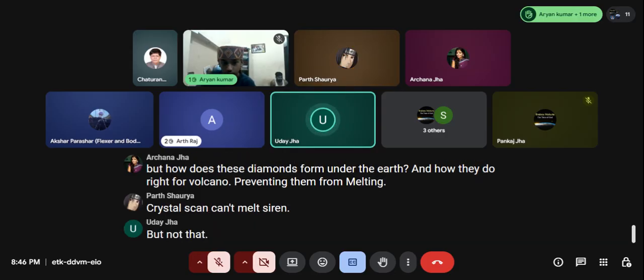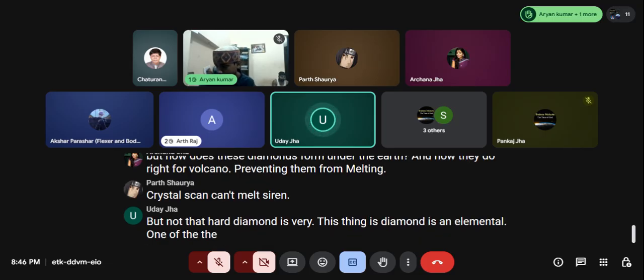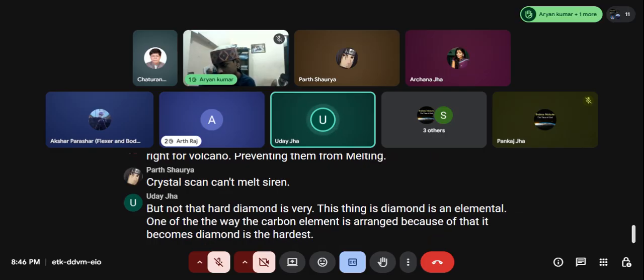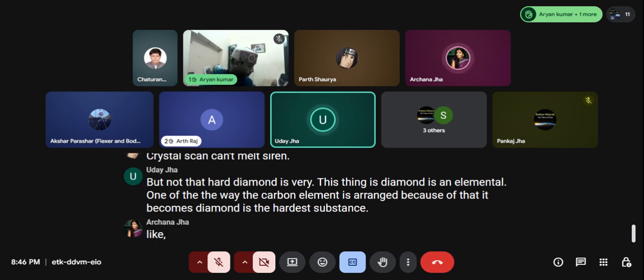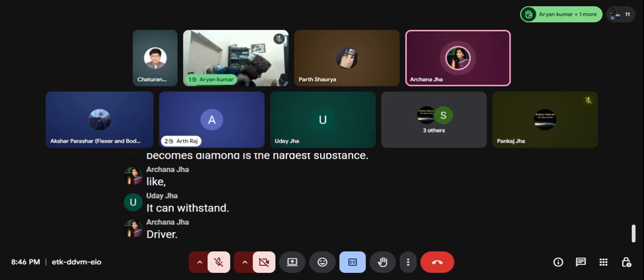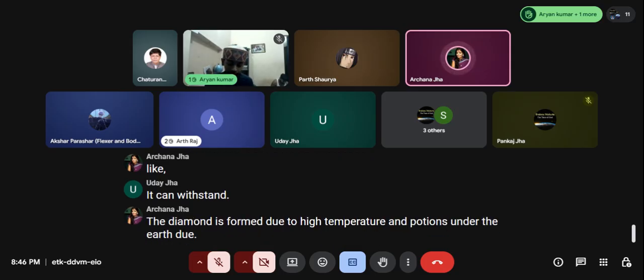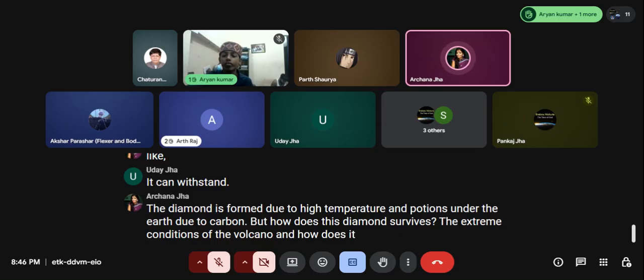No, diamond is an element. One of the ways the carbon element is arranged, because of that it becomes diamond. It is the hardest substance. Diamond is formed due to high temperature and pressure under the earth due to carbon. But how does this diamond survive the extreme conditions of the volcano and how does it rise due to these volcanic substances?